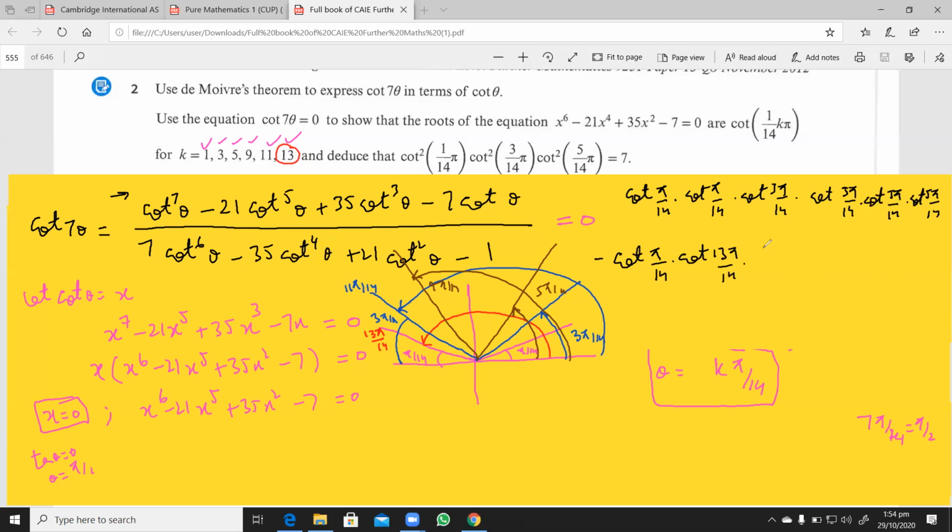The next one, cotangent 3 pi by 14 times cotangent 11 pi by 14, another minus over here. And then you have cotangent 5 pi by 14 times cotangent 9 pi by 14, and another minus over here.